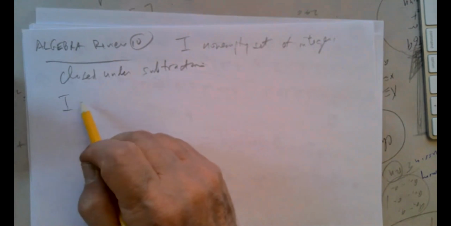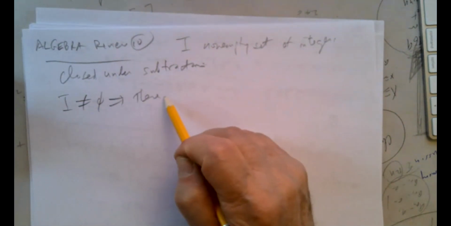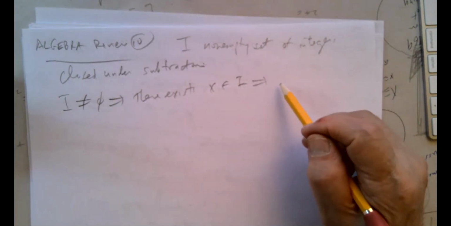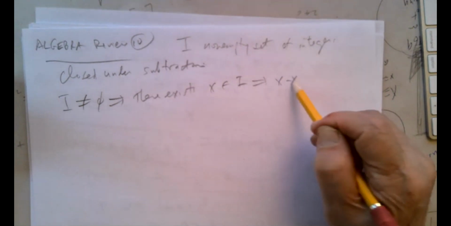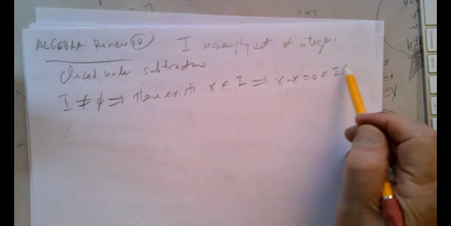So I is not the empty set. So there exists some element x in I. And I closed under subtraction means x minus x, which is 0, is in I. So I contains 0.